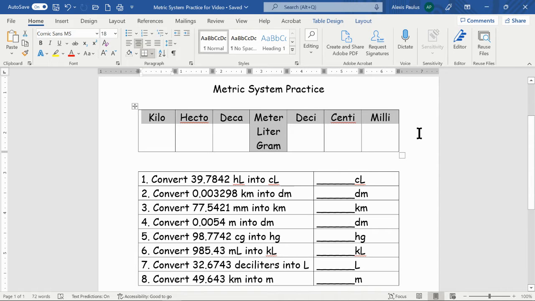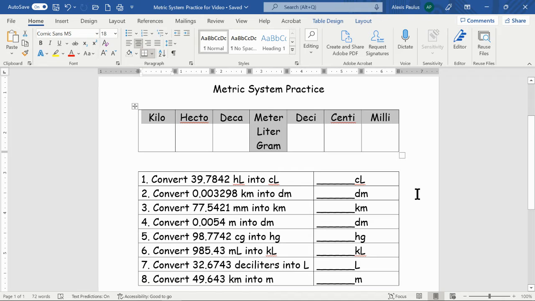AP Environmental Science, I don't test you on the metric system, but certainly on the math-based free response question, you might encounter a question where you would have to convert. Additionally, some of the multiple choice questions on the AP test, you'll have to know how to convert as well.